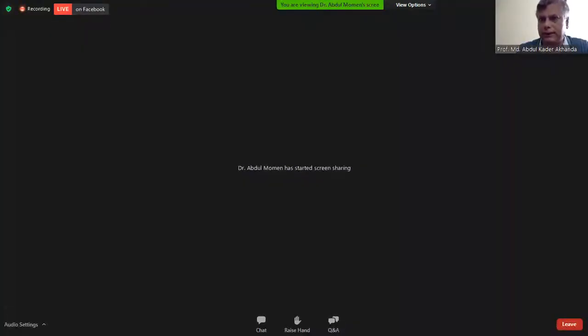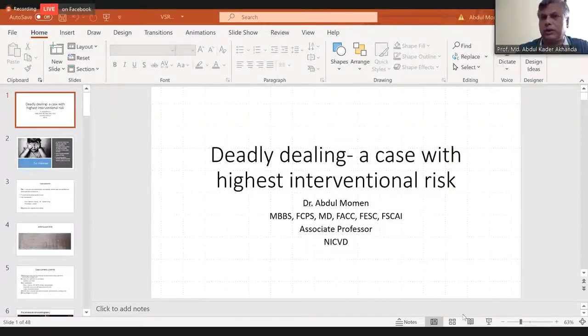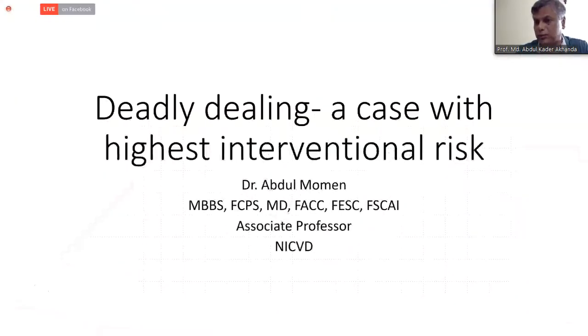But the result was what we observed, and that is a learning point for us: the right coronary artery developed total occlusion and the left coronary artery restenosis was significant. So before putting any stent, we should go for the heart team approach, not a heart team approach after putting the stent in the patient. We should go for the heart team approach before putting the patient in that situation.